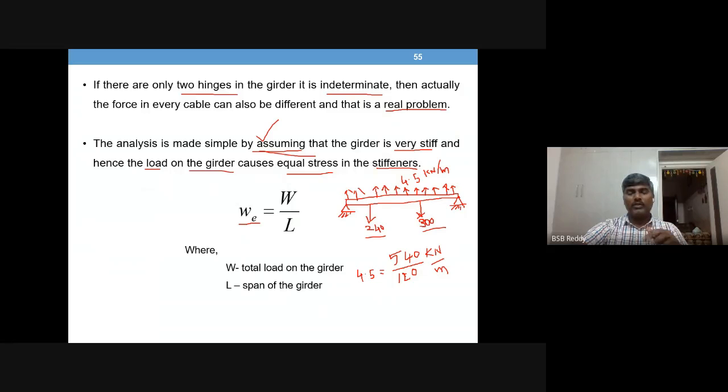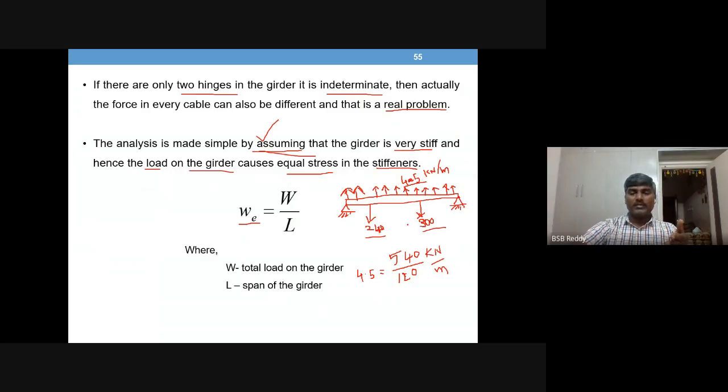So we assume that all the stiffeners will have 4.5 kilonewtons. In reality, it is not 4.5.